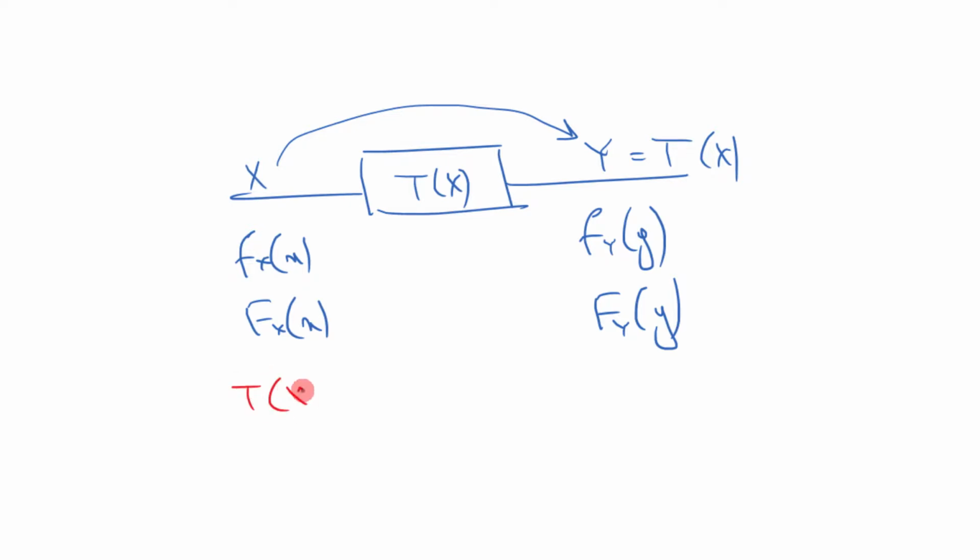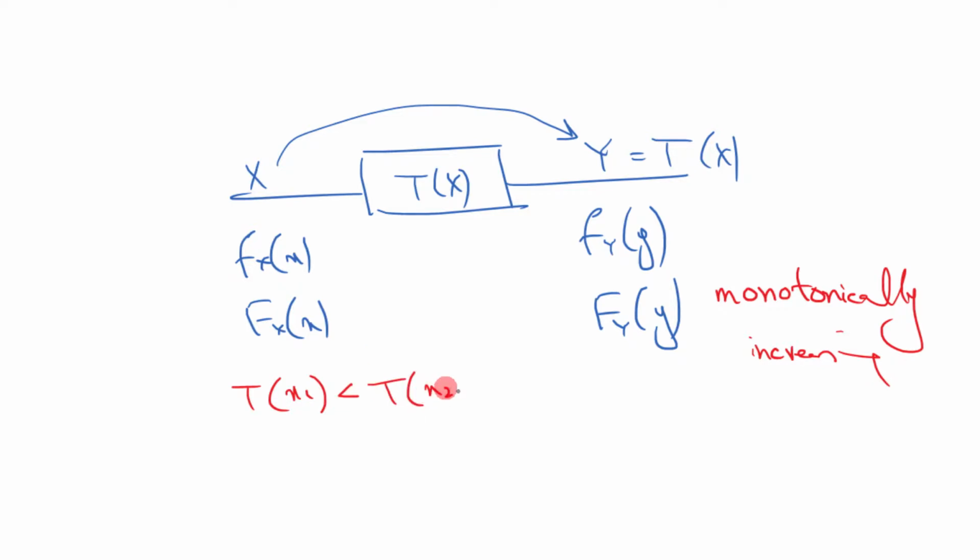Broadly, this transformation is of two types. One is monotonically increasing, in which case T of x1 is less than T of x2 for all x1 less than x2.